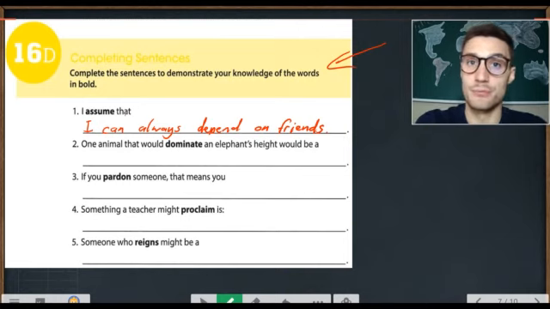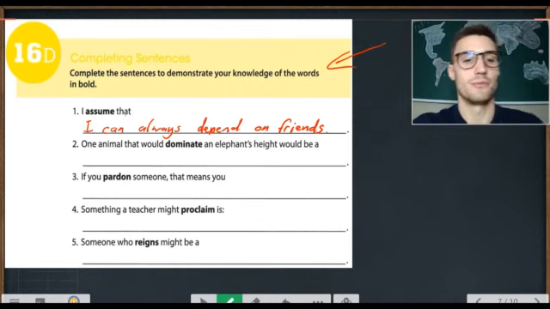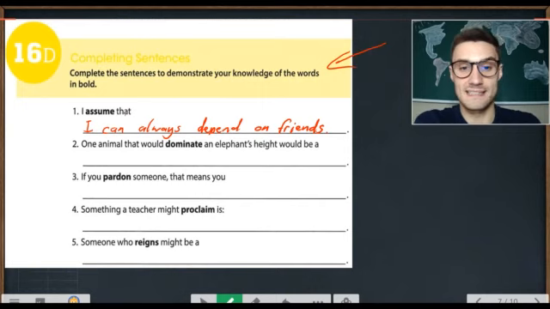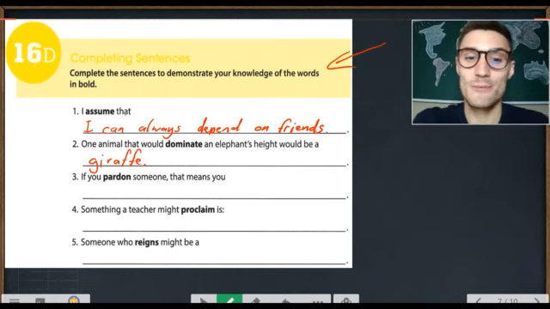What do you assume? Number 2. One animal that would dominate an elephant's height would be a what? Which animal could dominate an elephant's height? Would be a giraffe. That's the only one, right? A giraffe.